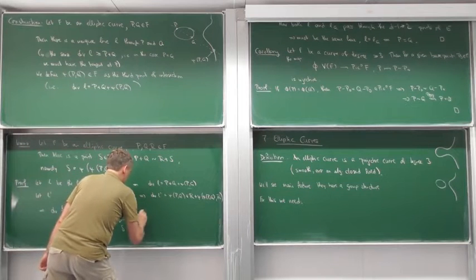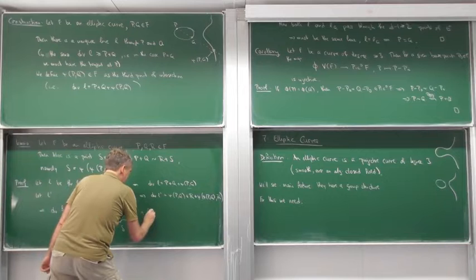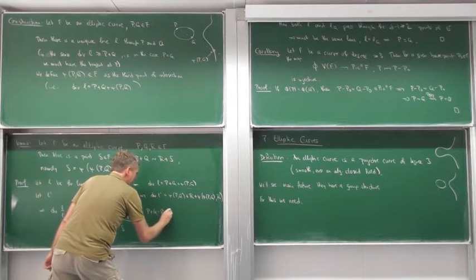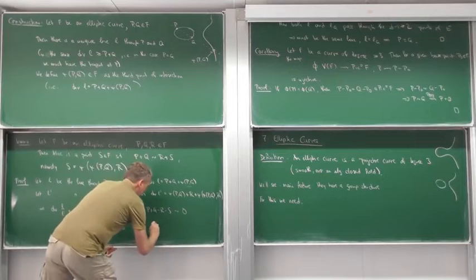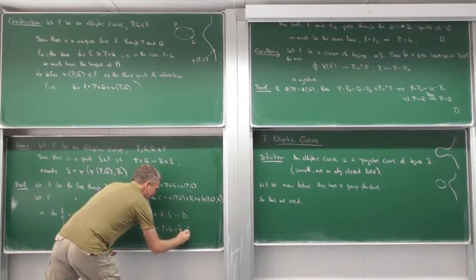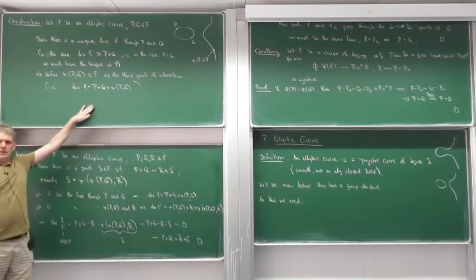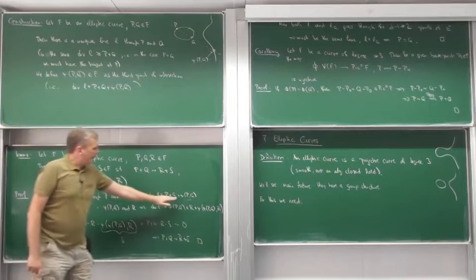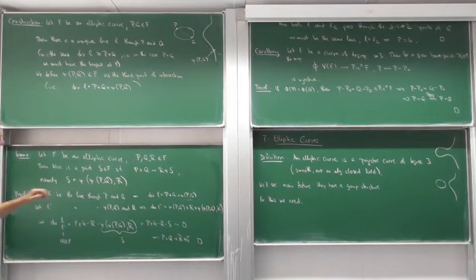So P plus Q minus R minus S is equivalent to 0, and that means P plus Q is equivalent to R plus S. We're just using that construction here twice, in such a way that this point psi of P and Q cancels, and hence we get this double psi.